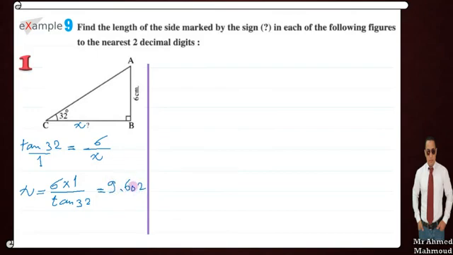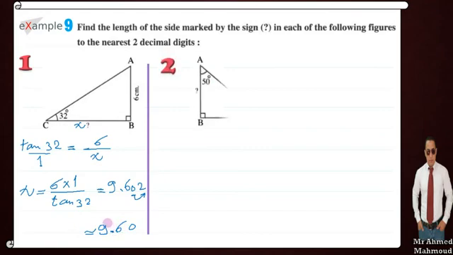To the nearest two decimal places, underline the second decimal and look to the next. It is weak, so I can't add 1 to the 0. It will be 9.60 without change, or I can write it 9.6.